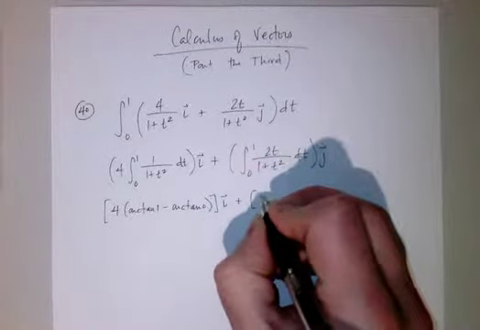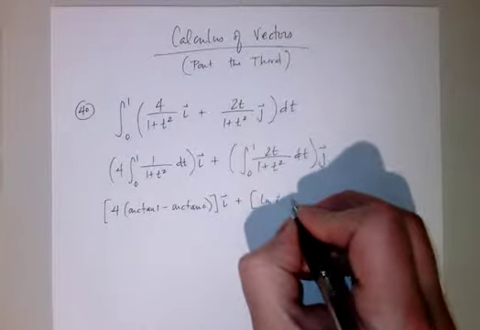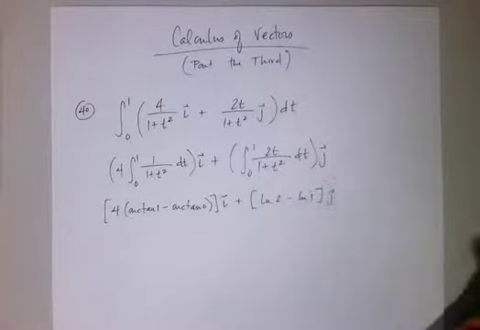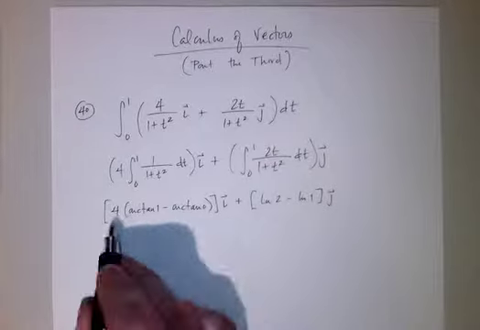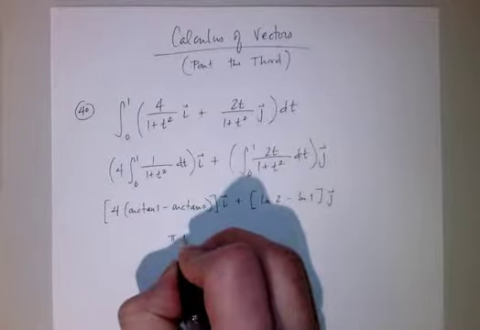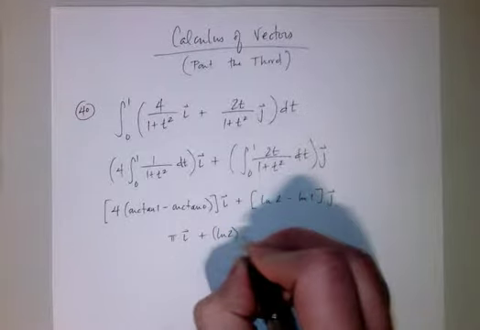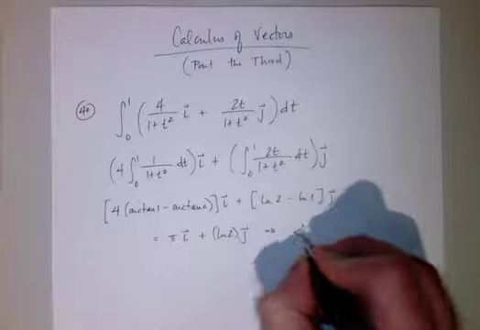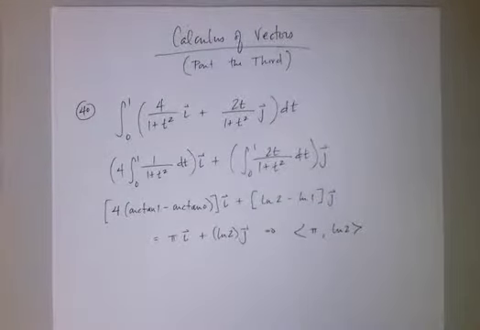And over here we have natural log of, and when you plug in 1, you're going to get 2, minus the natural log of 1, which of course is itself 0. This winds up being pi over 4 minus 0 times 4, so that's pi i plus natural log 2 j, or if you want to put that in component form, it'd be pi, natural log 2.